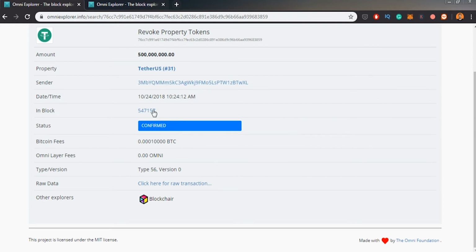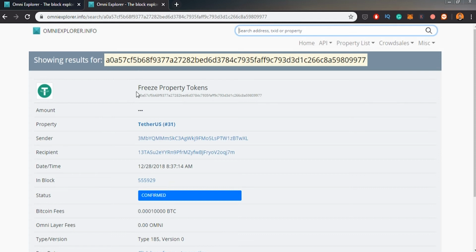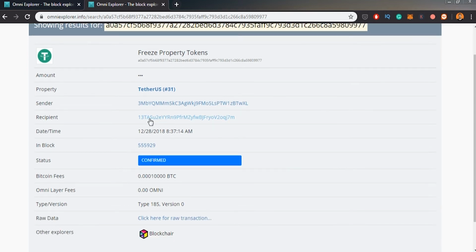And with Tether, the biggest asset on the Omni layer, Tether used this mechanism at least a few times, so they froze a lot of tokens, a lot of coins on the Omni layer side, and yeah, it's possible.